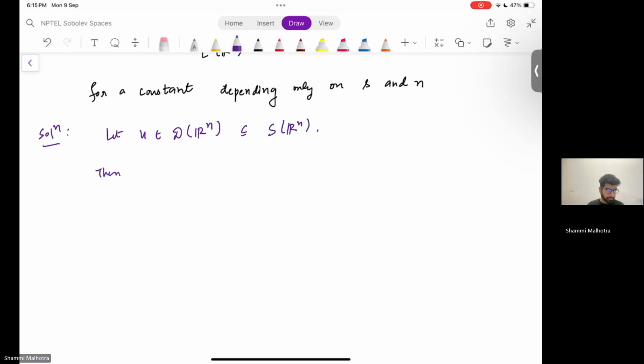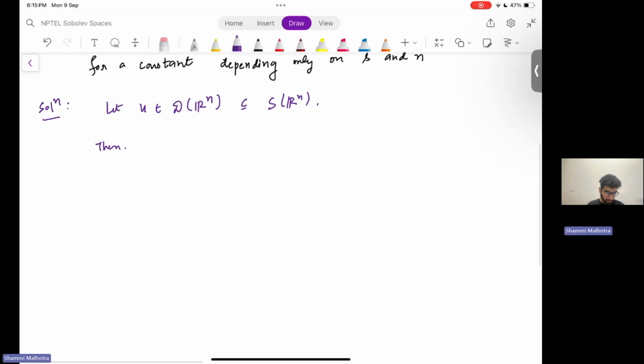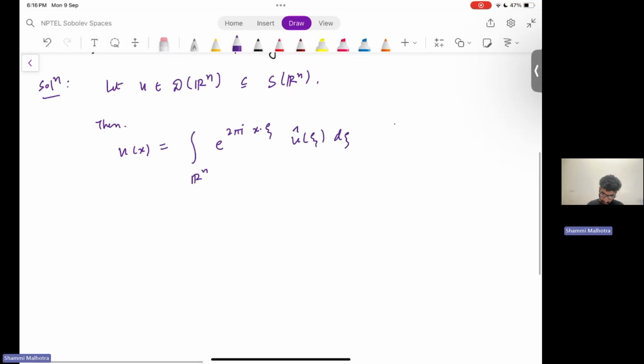Then what I know is that u(x) can be written, by the Fourier inversion formula, as the integral over Rn of e to the 2 pi i x dot xi times u hat of xi d xi.